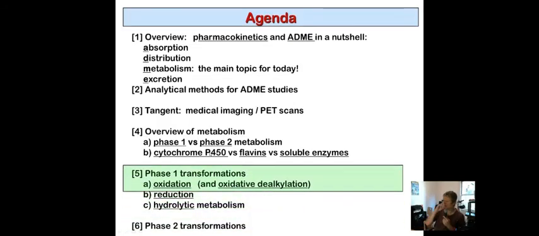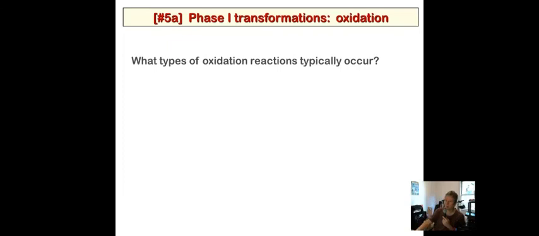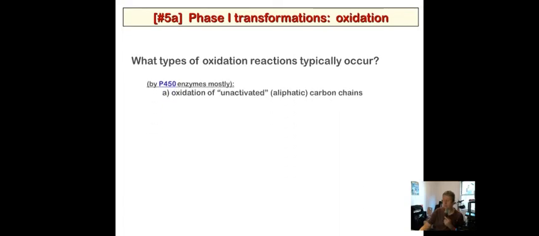Okay, so let's get into the transformations now. The reactions. We'll start with oxidation, phase 1 oxidation, and also oxidative dealkylation. Okay, so what kinds of oxidation reactions might occur? Oftentimes it will incorporate a hydroxy group into a molecule, and that'll aid in excretion.